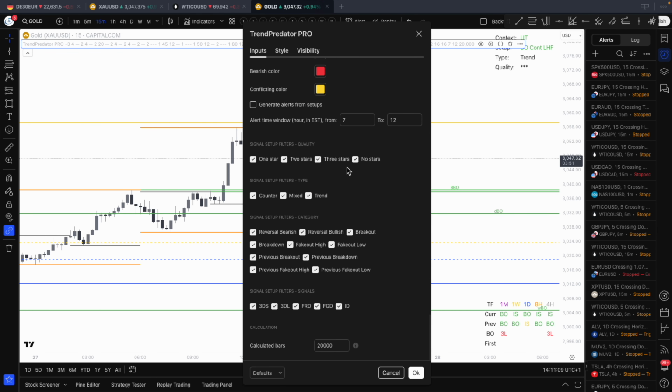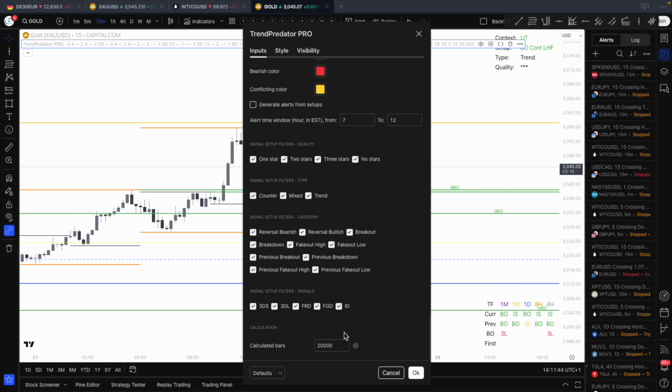And then the last option here is calculated bars. This is sometimes important because TrendPredator is a pretty heavy code. We run at the limits of what TradingView allows and is able to cope with. So we run at the border of the memory limit and also runtime. And for some pairs, for example, for gold on Oanda, they have so much history in their data that it reaches this level.